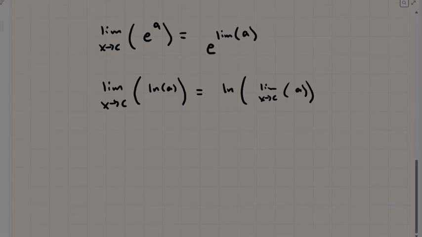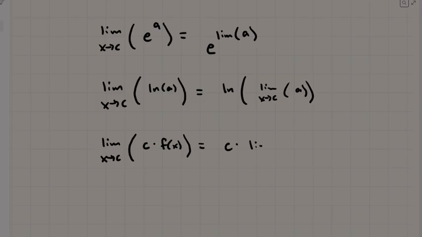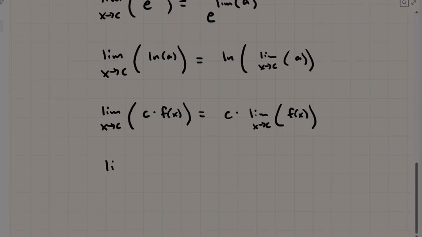All right, there's a couple more. For example, if we had the limit of some constant that's multiplied by our entire function, again, if it doesn't depend on x, we could actually not include it with the limit. And there will be times where all these will be useful for us. All right, and then the last one.